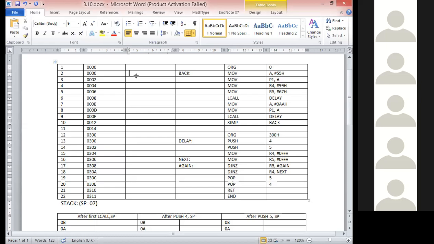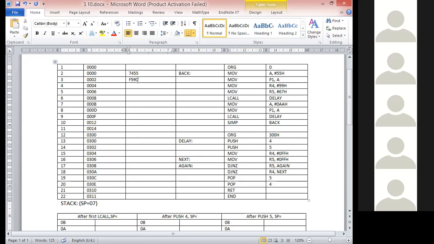Did I get distorted for the last few seconds? Yes, sir. So I was saying that before we go to the push and pop instructions, let us see the opcode. After finishing this, then we will go for the push and pop instructions. So the first opcode is very easy, 7455. The next one is also known to you, F590.